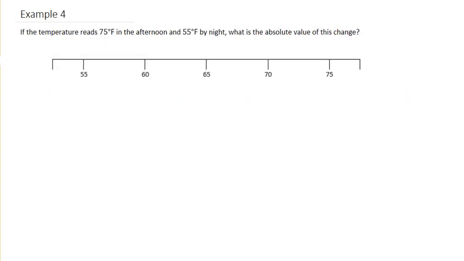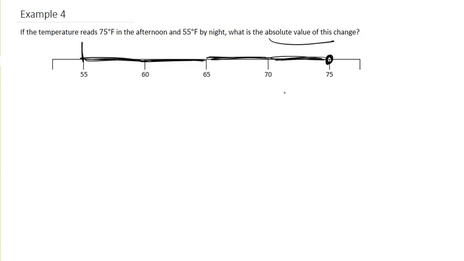Example 4. If the temperature reads to be 75 degrees in the afternoon and 55 by night, what is the absolute value of this change? So we're going to start on the right, and we're going to move to the left. So we go down, and we're going to stop here. So we go down 5, then we have 10, 15, 20. So we're looking for the absolute value.